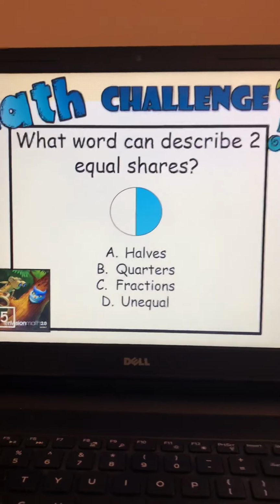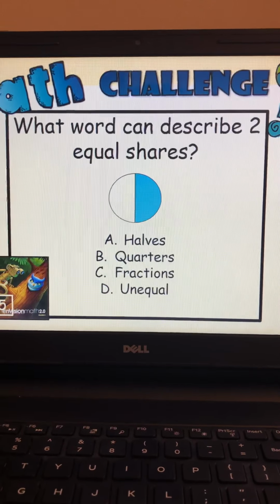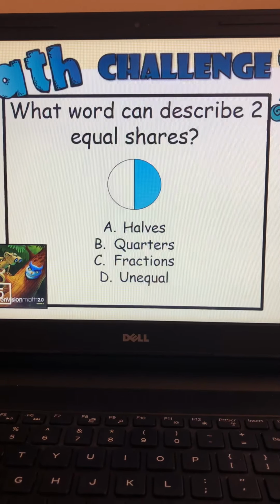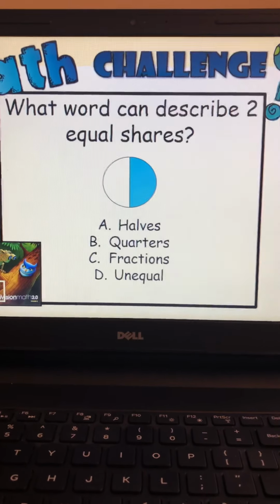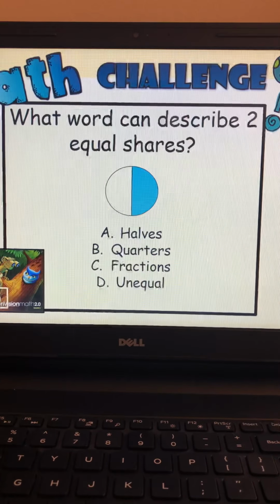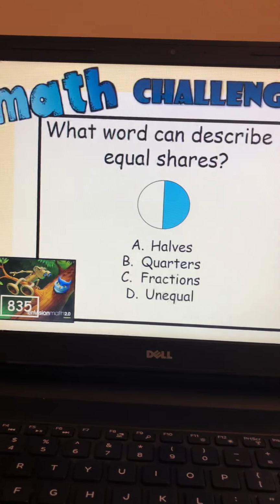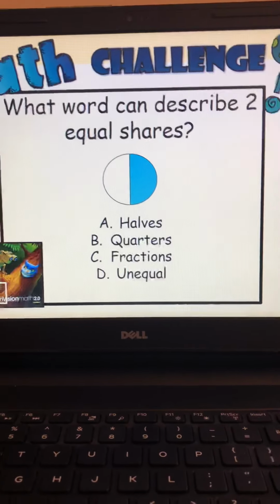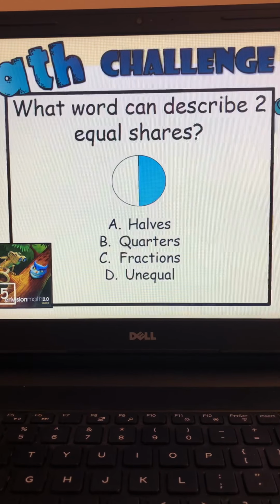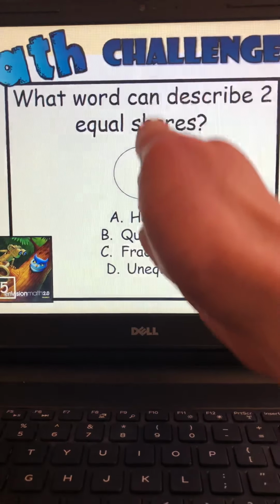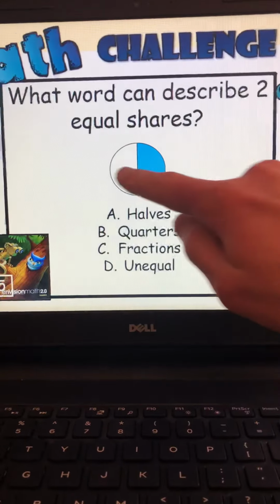Then lastly, our math challenge. What word can describe 2 equal shares? Halves, quarters, fractions, or unequal? So if it's cut in half, we have halves.